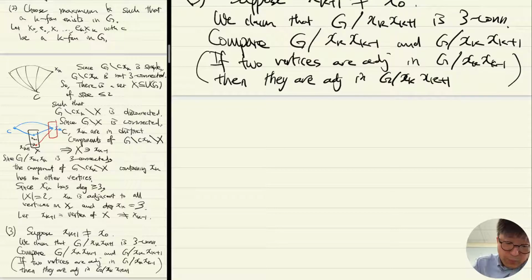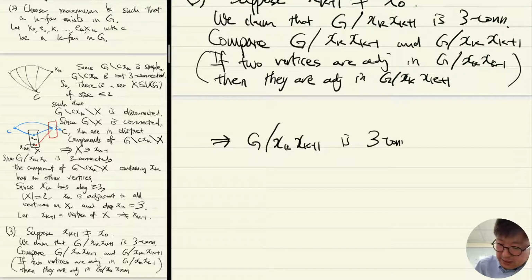And you might have one more edge, c to xk plus 1, but other than that, everything looks the same, after you ignore the parallel edges. So therefore, G contract xk plus 1 is 3 connected. But what does that mean? That means it's not simple.